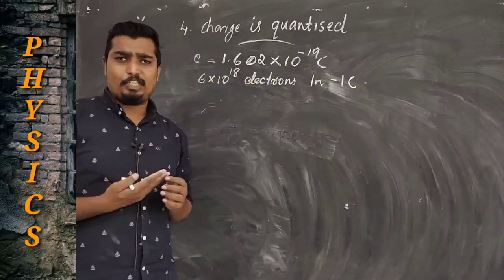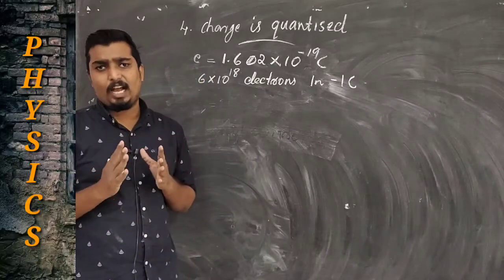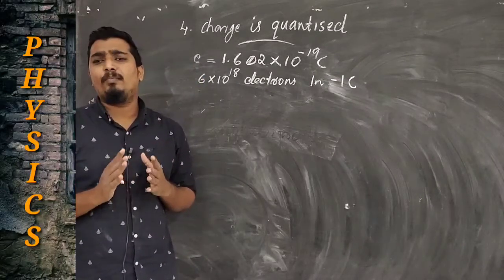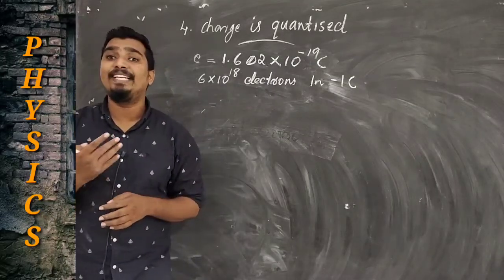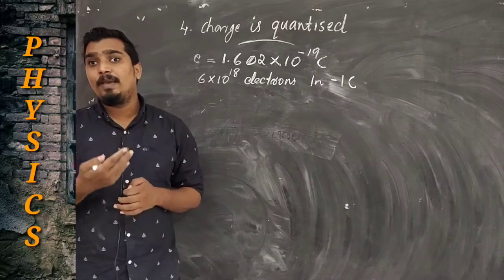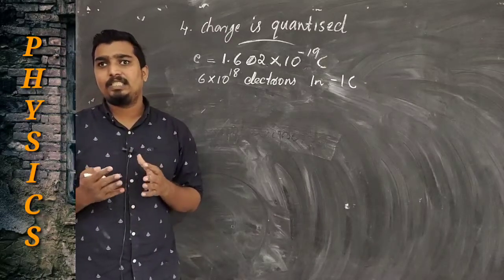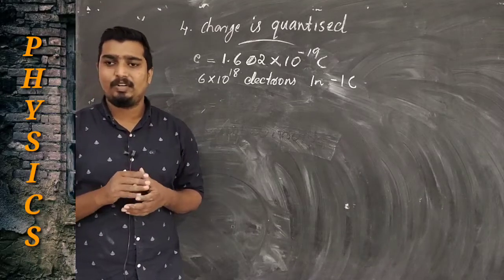According to the quantization of electric charge, the charge of a body is an integral multiple of the basic charge, which is the electronic charge.